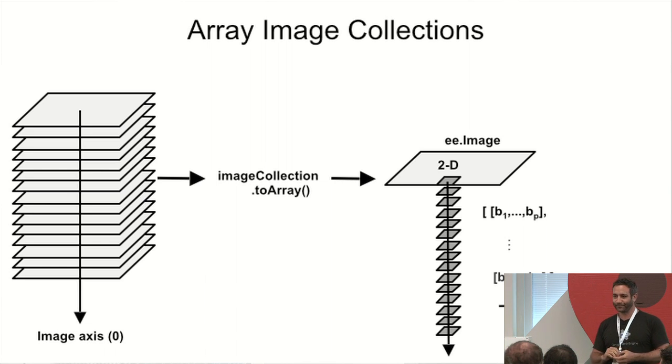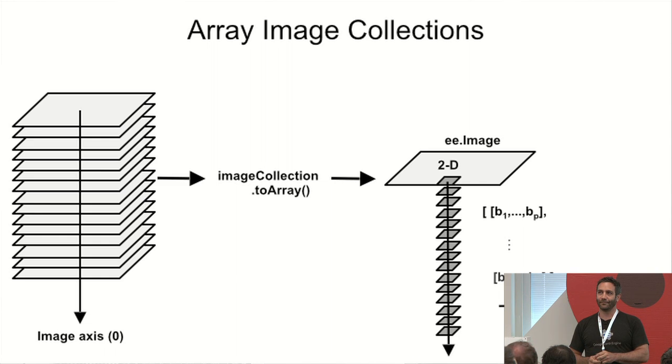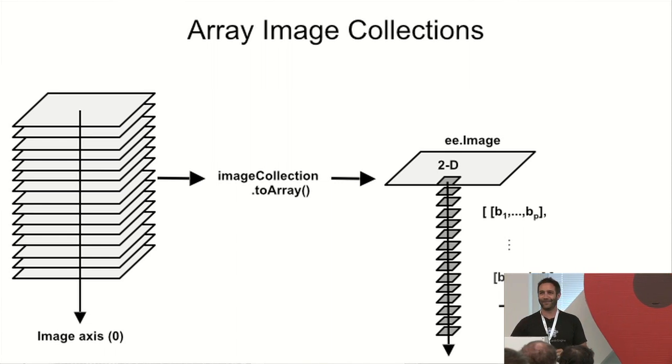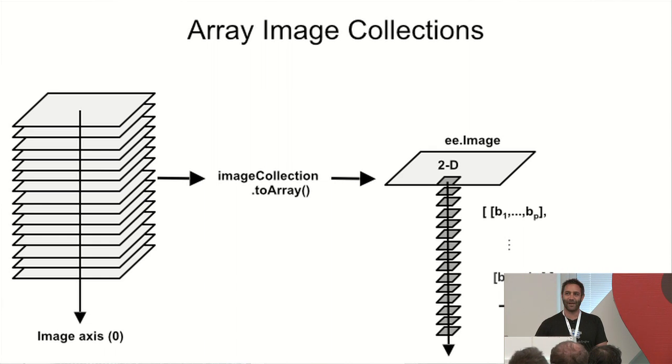Yes? Just to confirm, the variable p here is equal to the number of images in the collection times the number of bands in each image? The variable p is the number of bands. There's a little p indexing the b. Is that what you're talking about? Yeah, 1 to p. There are p bands.